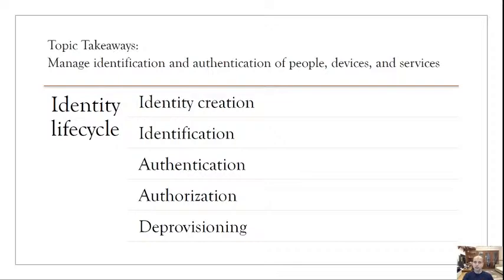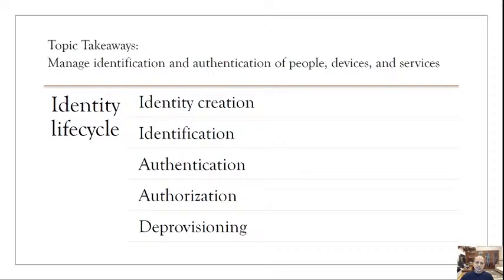Whenever that particular user leaves the office, or wants to change jobs, or his role changes within the office itself, then we need to do the last step, that is deprovisioning. So we need to understand this whole lifecycle of identity: identity creation, identification, authentication, authorization, and deprovisioning.